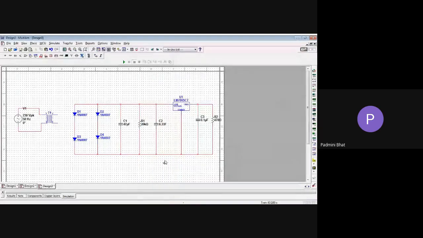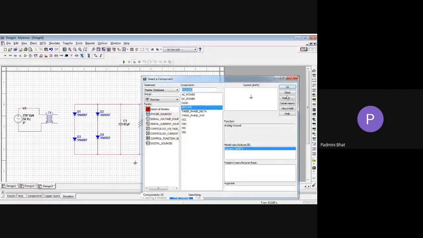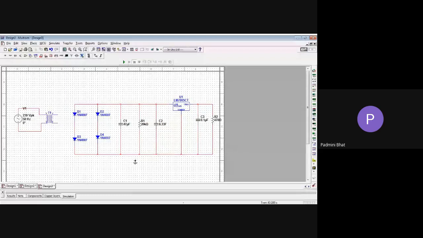Ground. Yeah, we have to have a common ground now. Let us give the connection of the power supply to the circuit. Okay, the connections are done now.